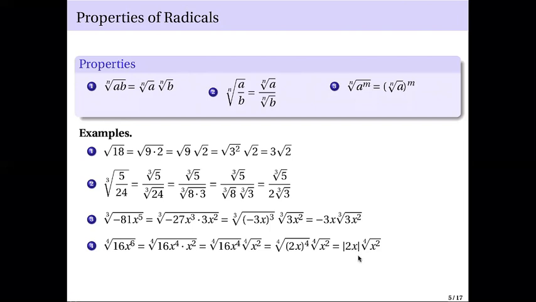If you don't put the absolute value, then there's a possibility that this will become negative, especially when your x was taken to be negative. So without the absolute value, 2x can be negative, and that is not the principal root. Okay?